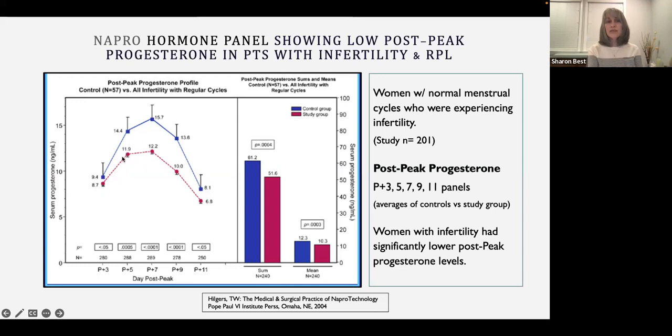This is the average of the women they had in the study. And you can see that they were low on P plus 3, 5, 7, 9, and 11. The point of this study drums home that many of these women with infertility and recurrent pregnancy loss have luteal phase deficiencies where they are low in the post-peak phase.